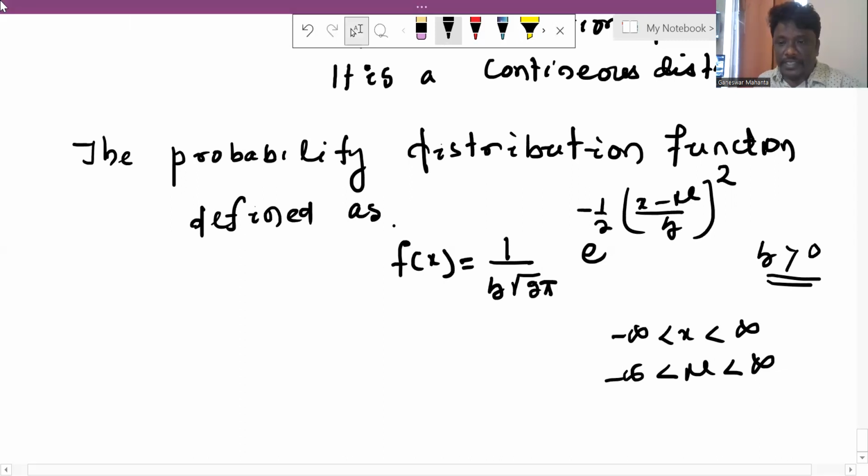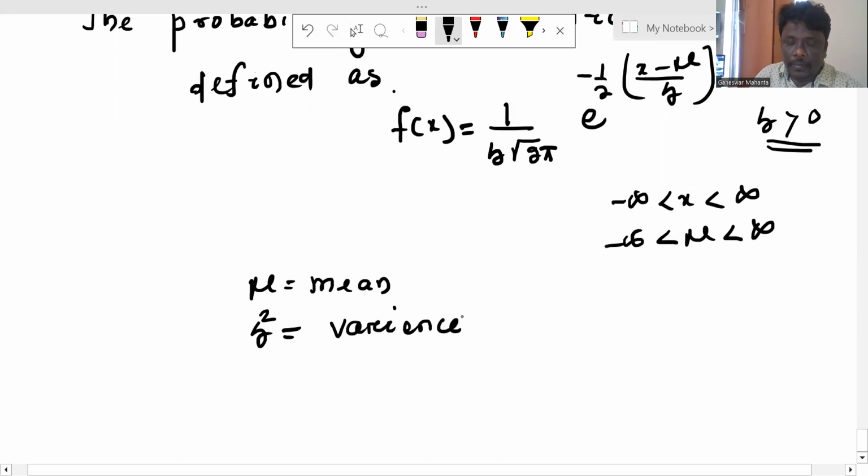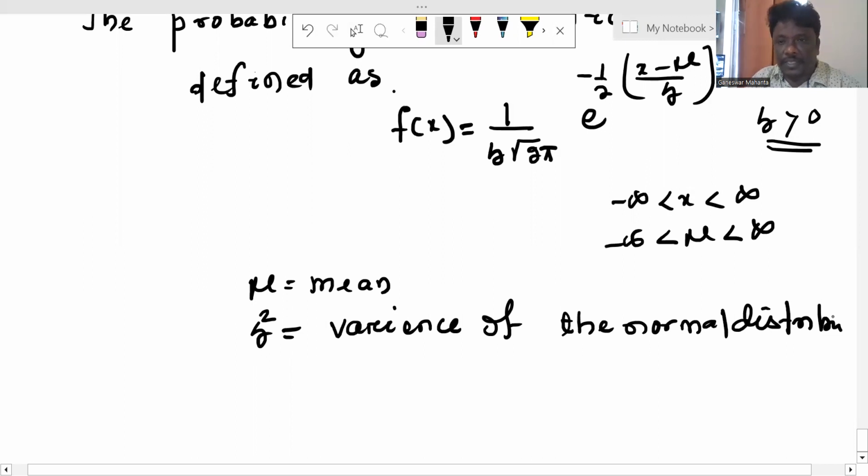Here mu represents the mean, and sigma is the standard deviation. Sigma square is the variance of the normal distribution, which is a positive value, and x is the random variable which lies in the interval minus infinity to infinity.